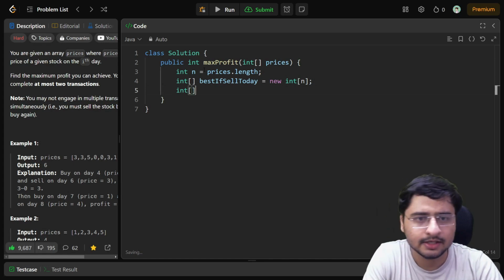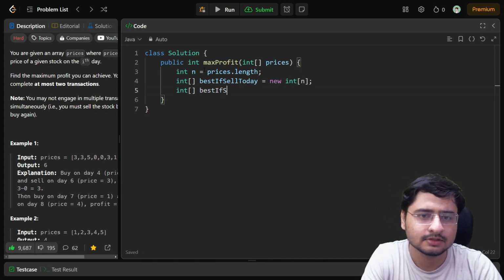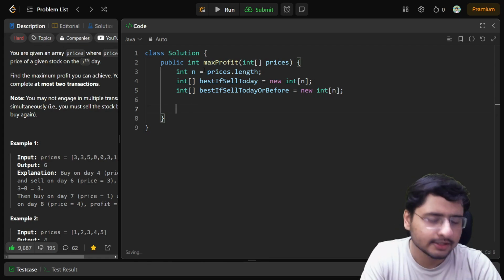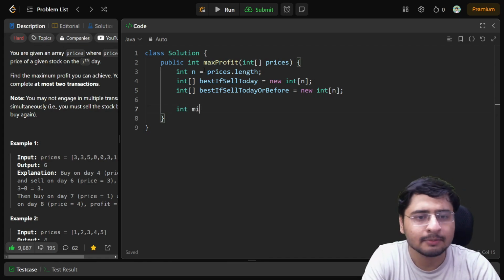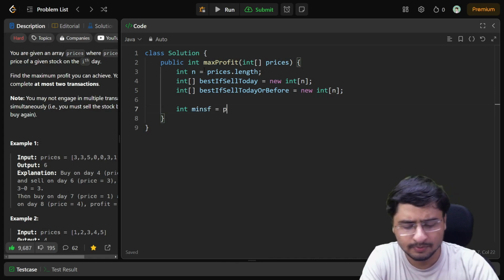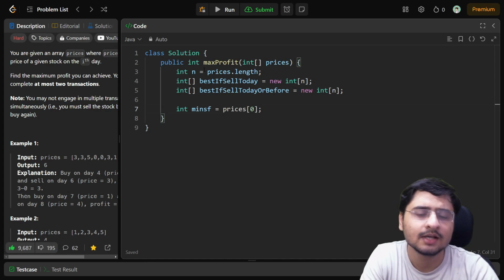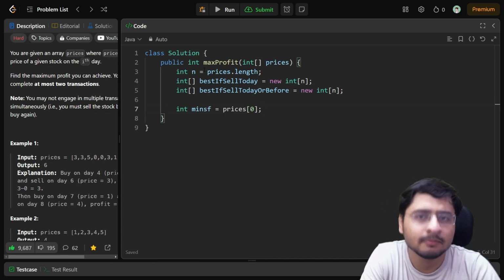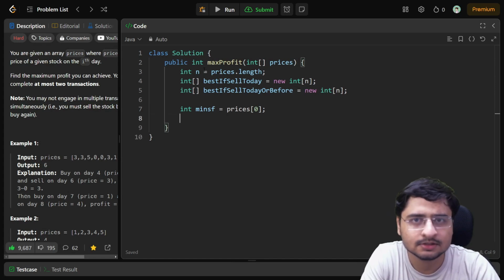Another array I'll take: integer best if sell today or before is equal to new int of n. Let's create these two arrays first. So I'll take min so far, that will be prices of 0, because I'll consider the 0th day as the minimum price day, and I'll consider that as a starting point.